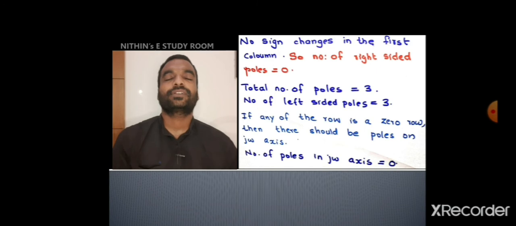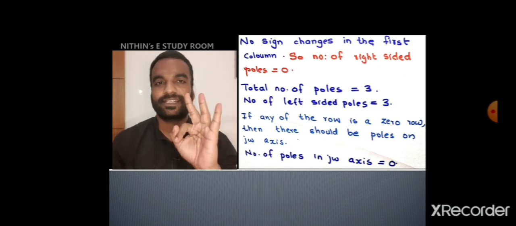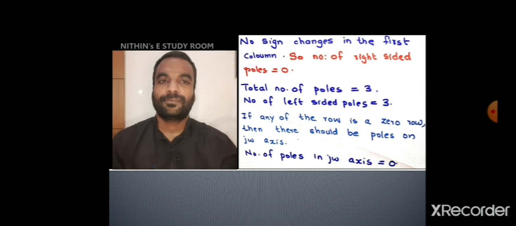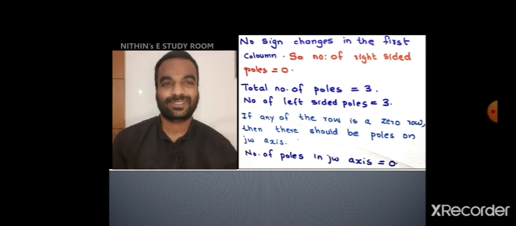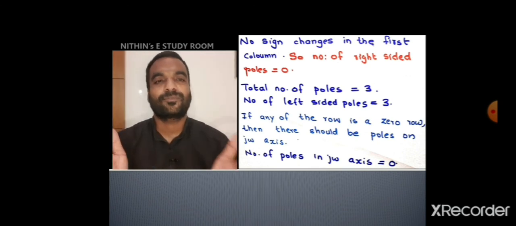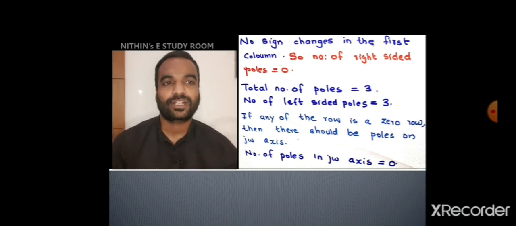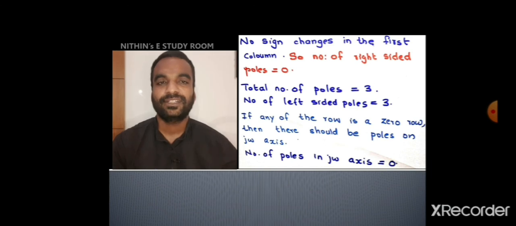So what are the points we get? Total number of poles is 3. Poles on the right side is 0. Poles on the j omega axis is also 0. Then what about the total number of poles on the left side? All the poles should be on the left side, so the total number of poles on the left side is equal to 3.